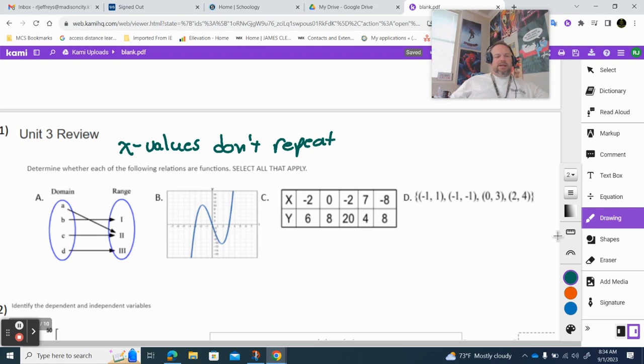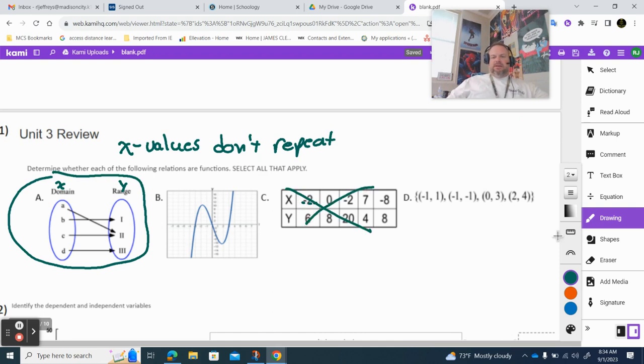In A, it looks like there's only one arrow coming from each X. Remember, this is X and Y. So this one is a function. These 2 values repeat, so this one is not a function. And these 2 X values repeat, so this is not a function.